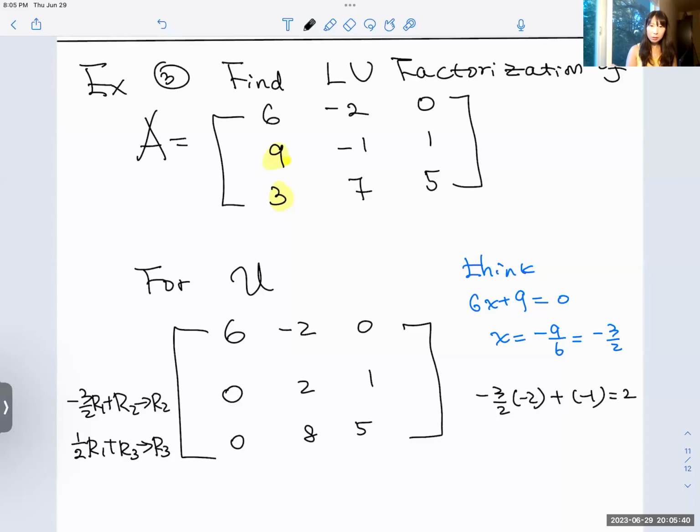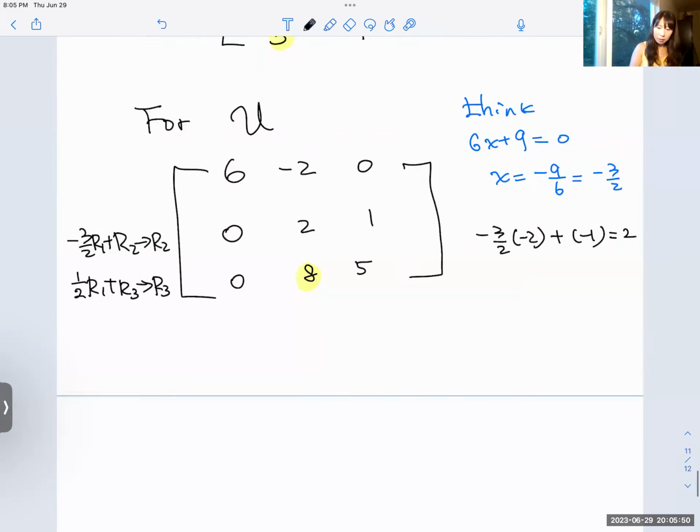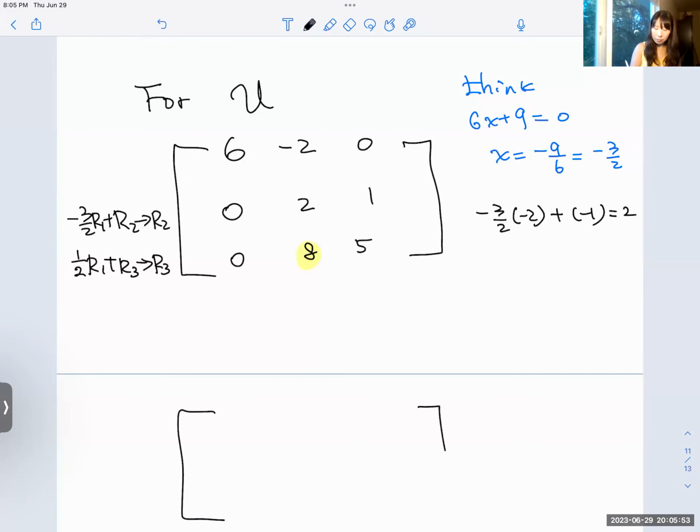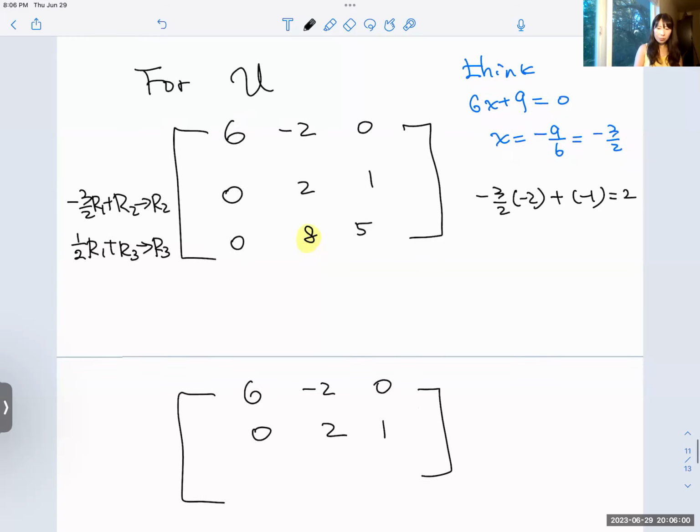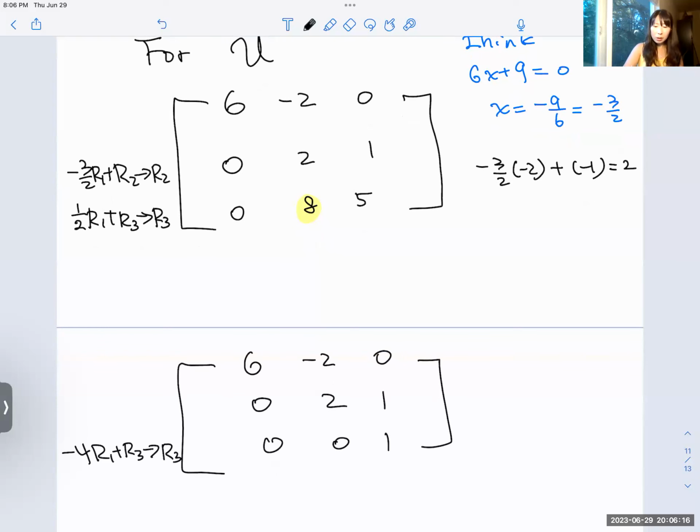Okay, almost done. We want to make a 0. Fix -2, 0, 0 to 1. All right, so -4 row 1 plus row 3, replace row 3, right? Okay, so that will be 0, 0, 1. So we are done, this is U.